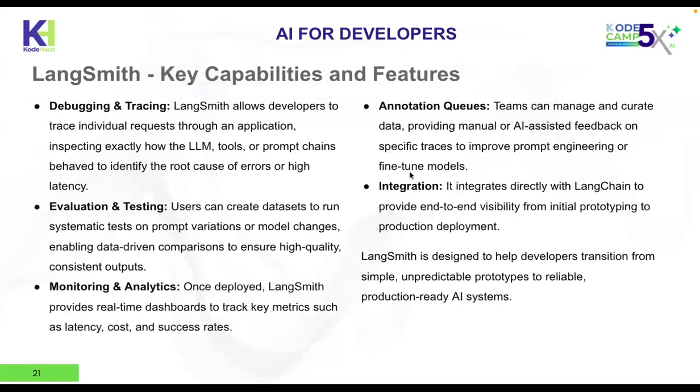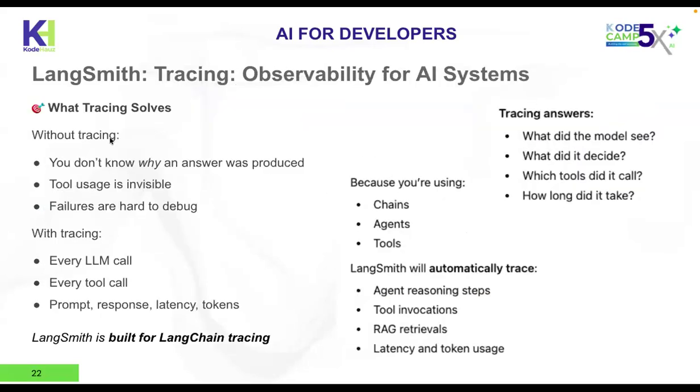Okay, so let's talk a little bit about the capabilities of LangSmith. We've also seen what it does. We just looked at tracing, okay? Tracing solves the problem of why an answer was produced. With LangSmith tracing, you can see every step of the way what was happening.